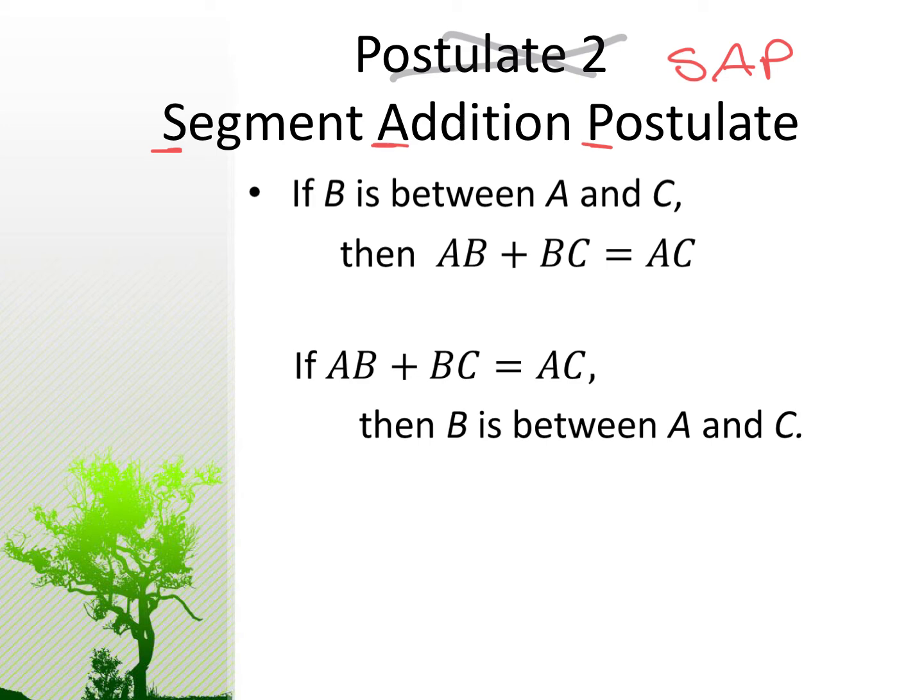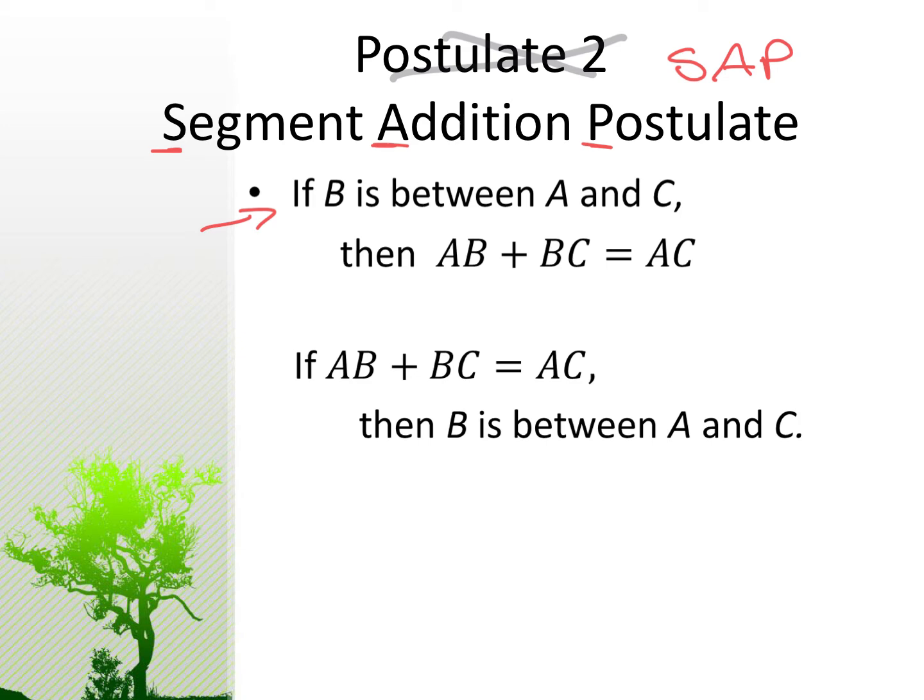And what the segment addition postulate states is that if B is between A and C, then that tells me that AB plus BC equals AC. Now, this statement that B is between doesn't mean that B is right smack dab in the middle. It just means that B is somewhere in between those 2 points.